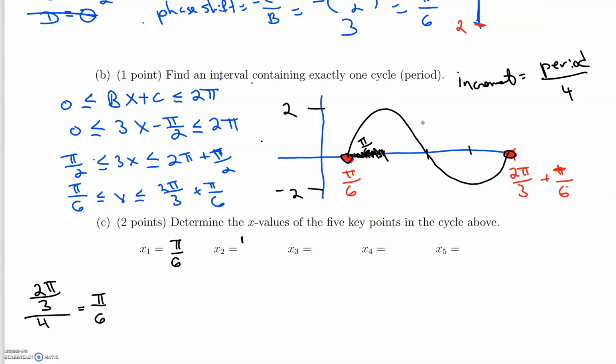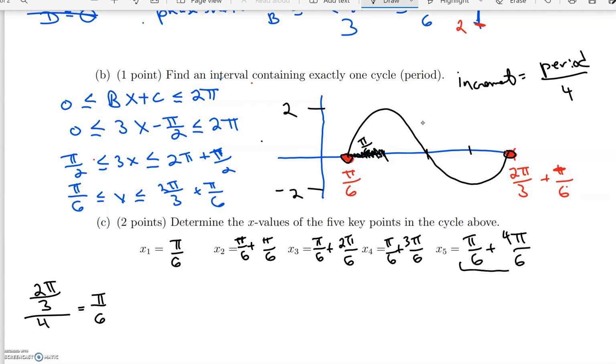X sub 2 is pi over 6 plus the increment, which is pi over 6. X sub 3 is pi over 6 plus 2 of the increment, which is 2 times pi over 6. X sub 4 is pi over 6 plus 3 of the increment. And x sub 5 is pi over 6 plus 4 of the increment.